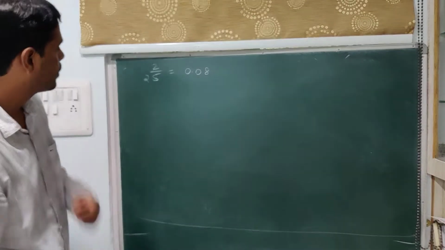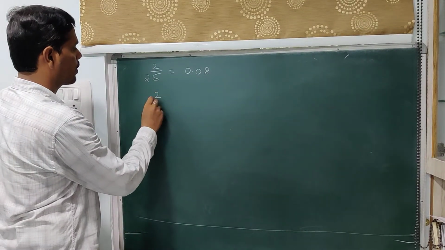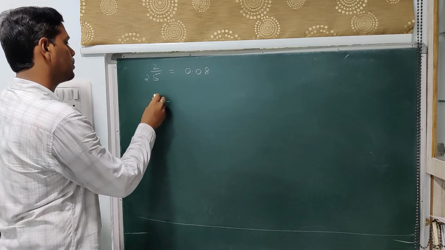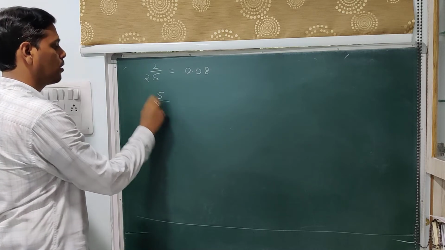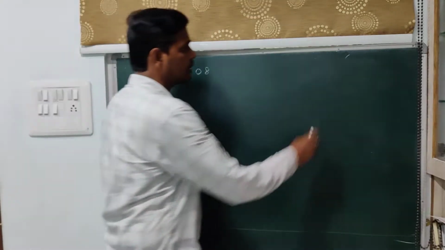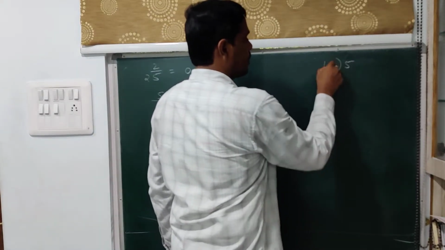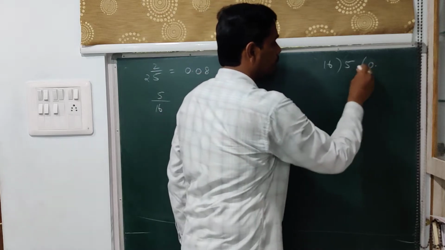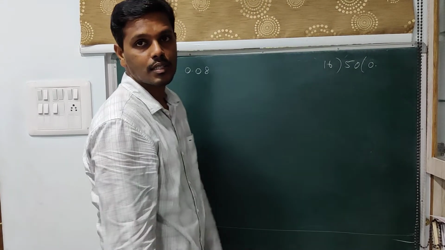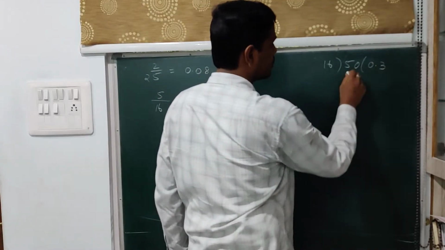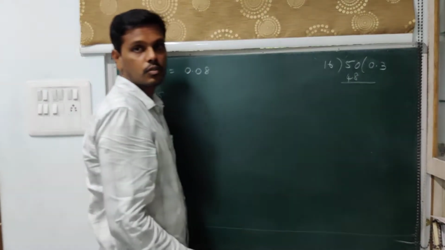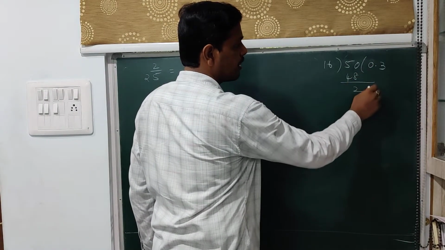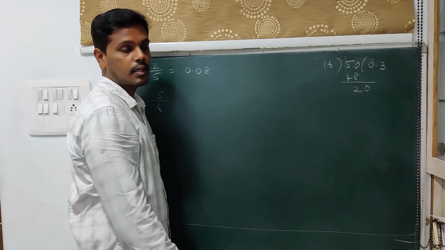Now let's go with some more. 5 by 16. So we'll see that. Again, 5 is less than 16, so keep a point. If you keep a point, you can take a 0. 16 3s are 48, so the leftover is 2. You have a point, you can take 0 there.